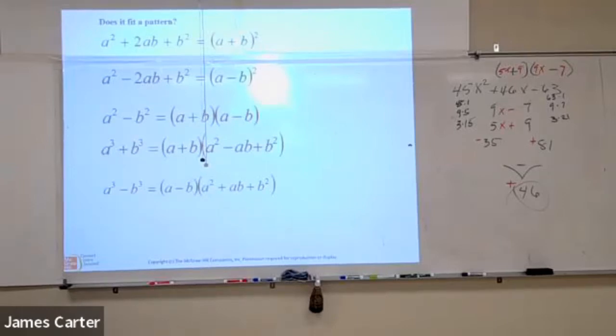Before you can use any of these first 3 rules, you have to have a perfect square on the front and a perfect square on the back. You must have that as a condition for even possibly using this shortcut rule. Okay?